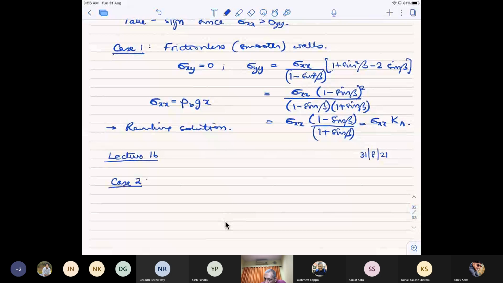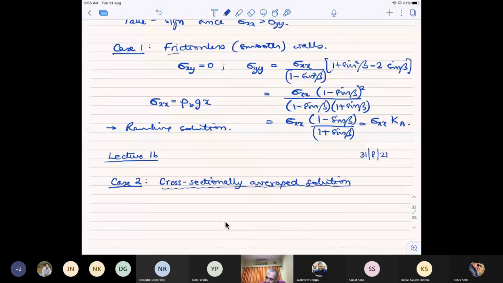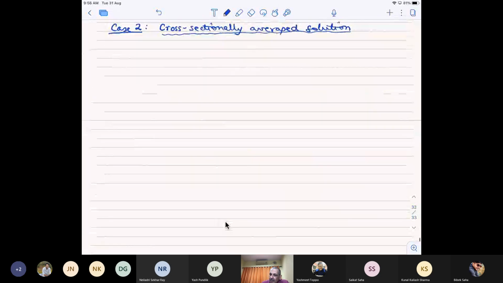So instead of using smooth walls, we can say that we will do an average over the cross section. And you'll see that even to do this, we need to make some approximation. It's not an exact solution.